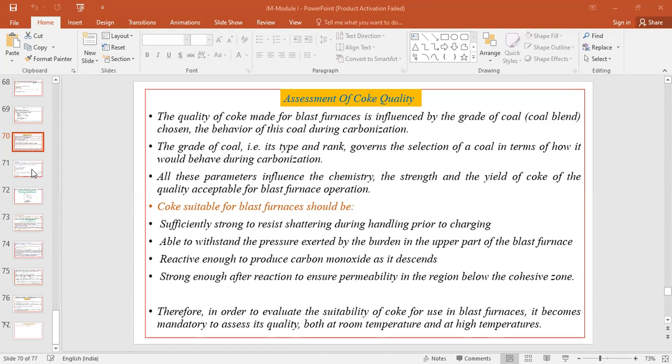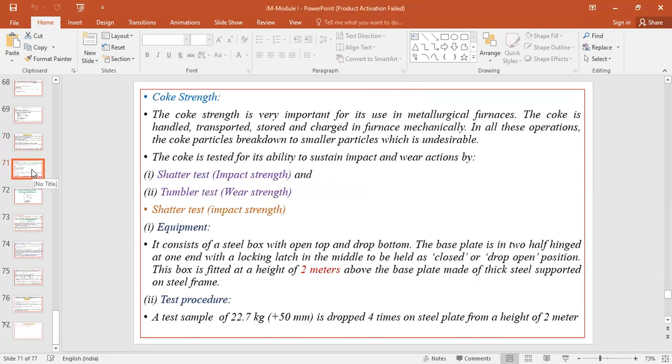The first test is the coke strength. The coke strength is very important for its use in metallurgical furnaces. The coke prepared in the coke ovens is transported through conveyor belts, stored, and charged inside the furnace.